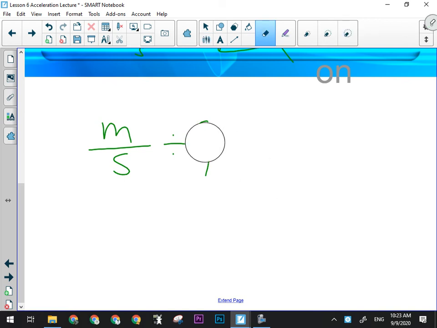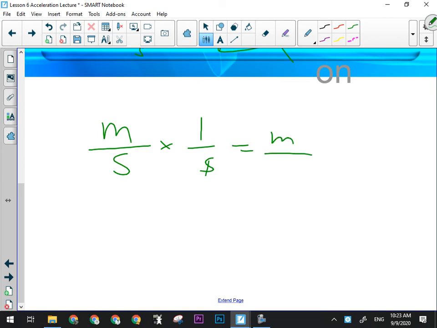So basically we take this, and we've got 1 over seconds. Meters times 1 is meters. Seconds times seconds is seconds squared. Really what we're saying is it's meters per second, per second. That's acceleration. Meters per second per second, but we abbreviate it meters per second squared. They're mathematically the same thing.